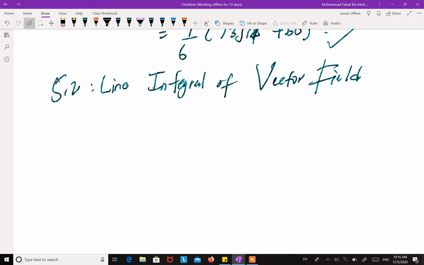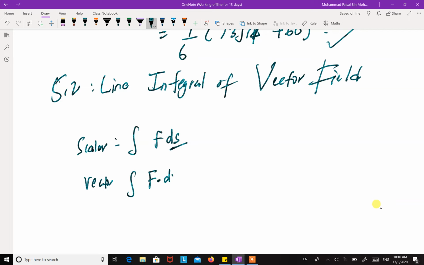So for scalar, the integral of f ds or phi ds, this s refers to the displacement. For vector, the integral of f dot dr or phi dot dr, where f is a vector, the dr will be the vector displacement.